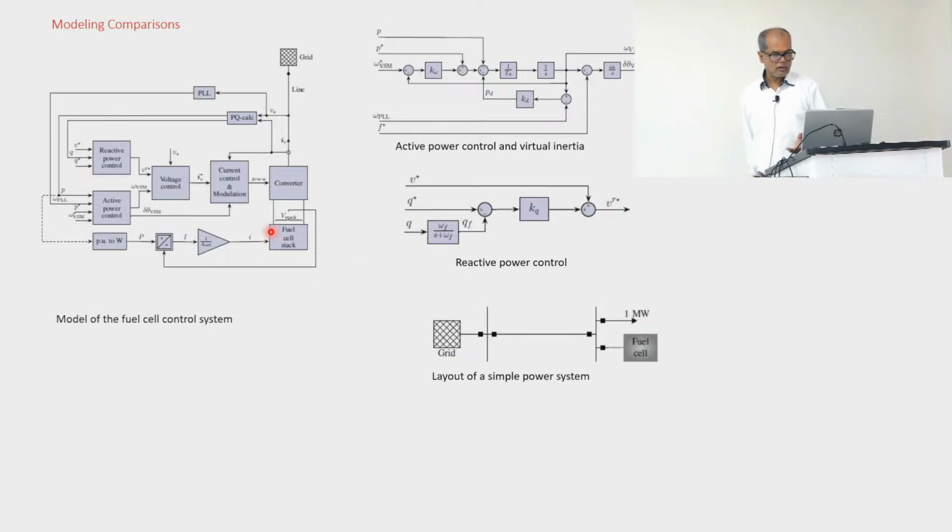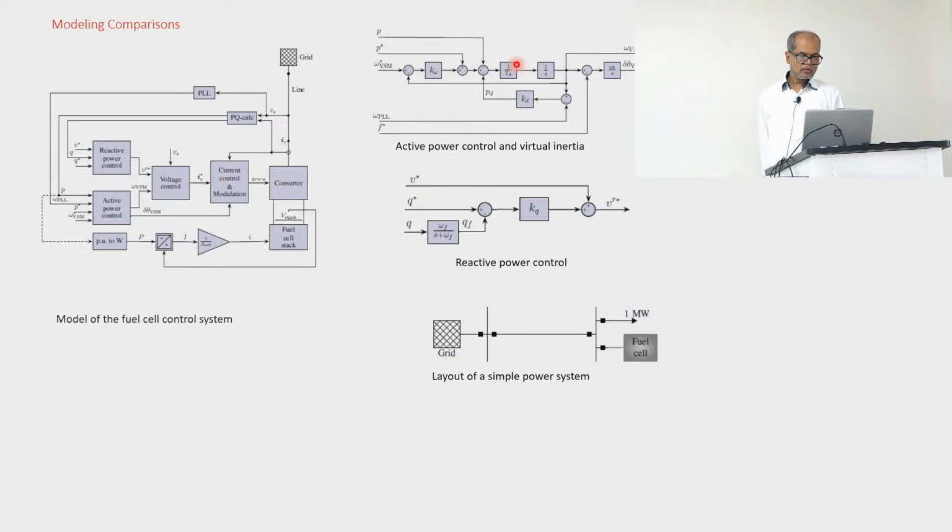Although we are going to be talking about the control system later, for doing that simulation we did consider the overall fuel cell control here, where you can see that because it's grid connected, from the PLL we measured the angle and then used that for active power control. Then from voltage we get reactive power control, and then current control as well.